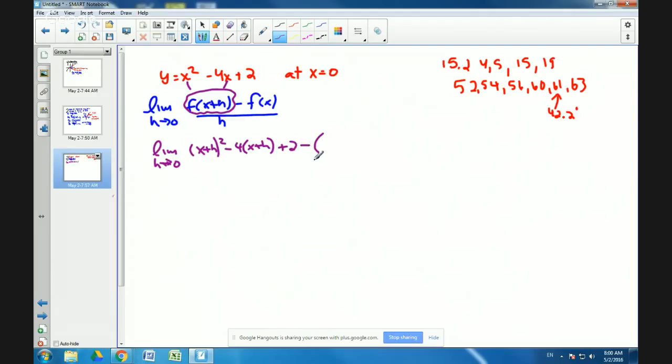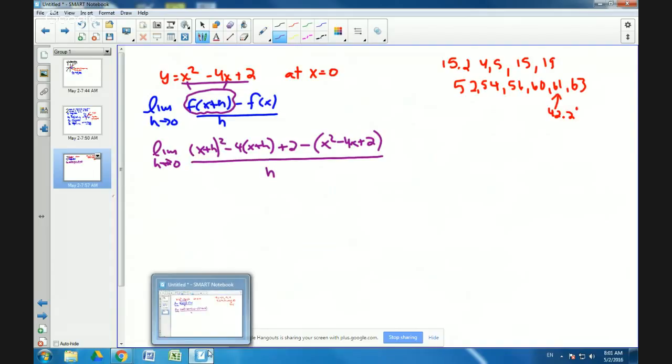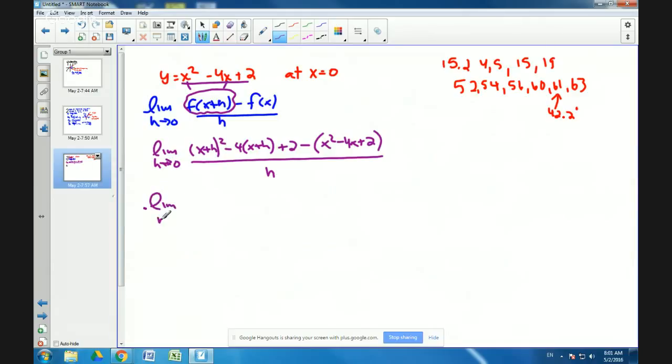F of x is the equation. See how long we can get, right? And thankfully, we don't have to use this much more than this, there's actually shortcuts.